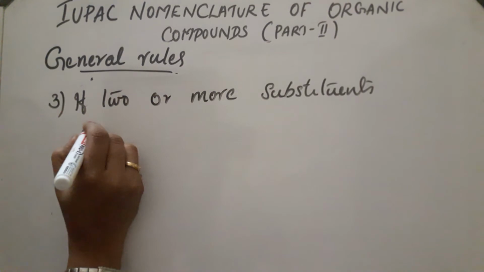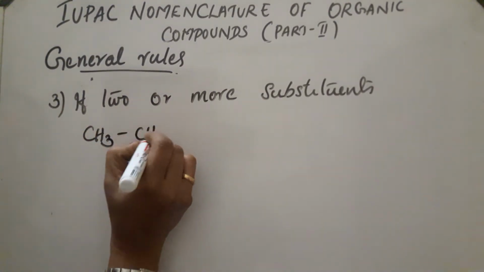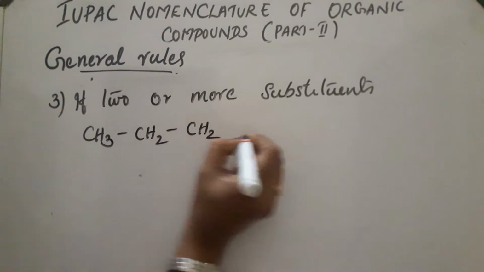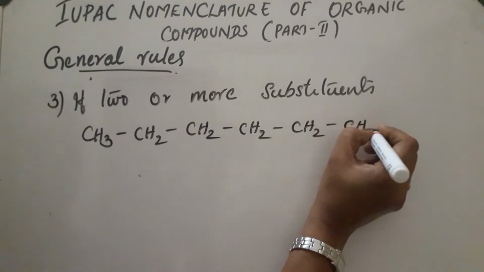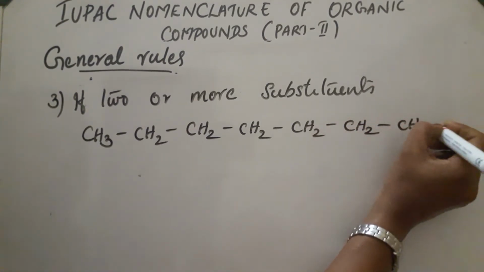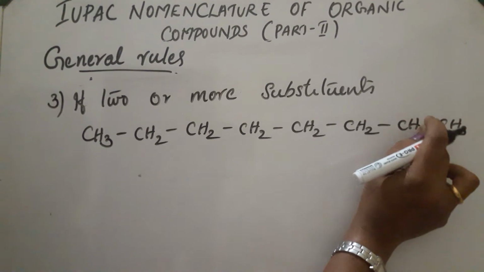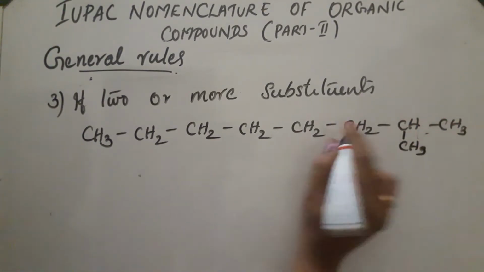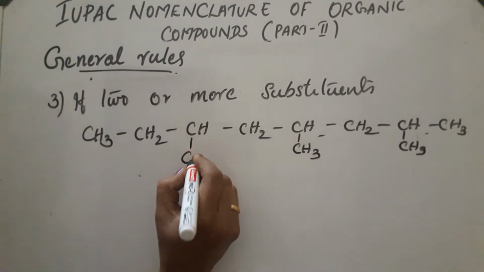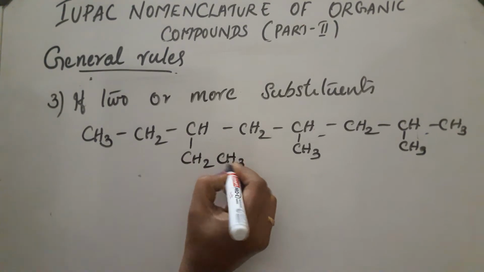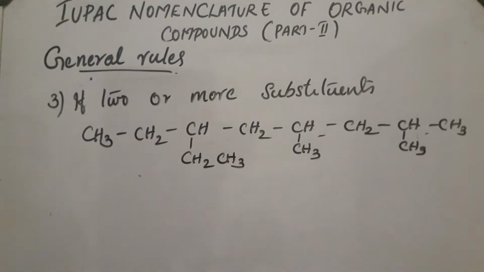Take this example: one CH3 group here, one CH3 group here, and one C2H5 or CH2CH3 ethyl group. This is the ethyl group, these are the methyl groups. Three alkyl groups are attached to the parent chain. So, in such cases, we have to take the alphabetical order first.